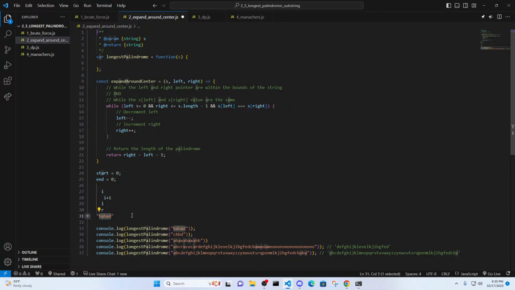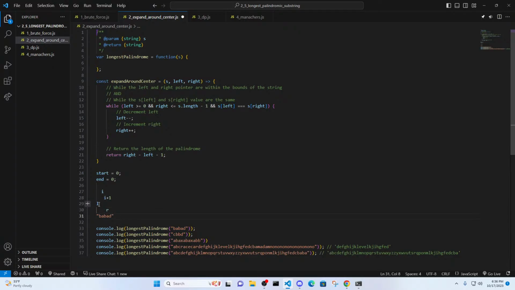They are equal because they're both pointing to A. So we go ahead, decrement L, increment R. They're both still the same, and s dot left is equal to s dot right. And so we continue with this loop right here. So we go ahead and decrement that, increment that.